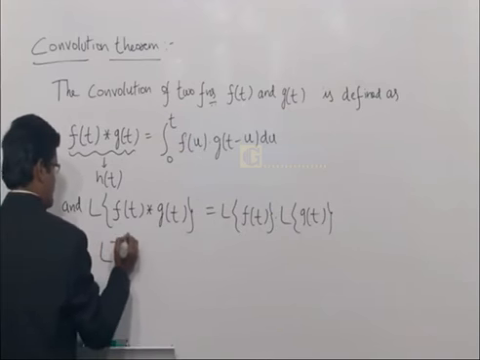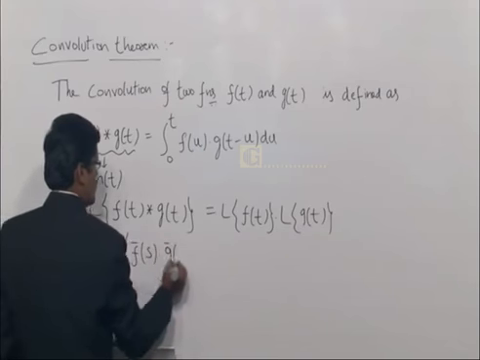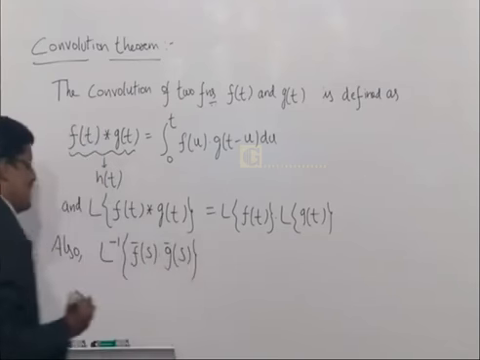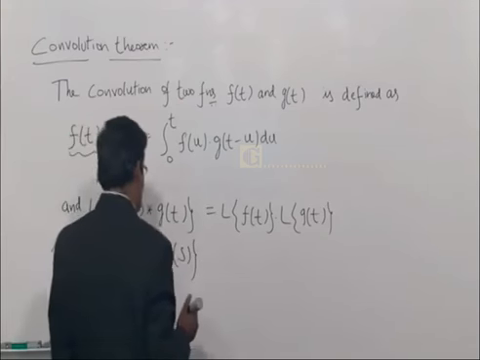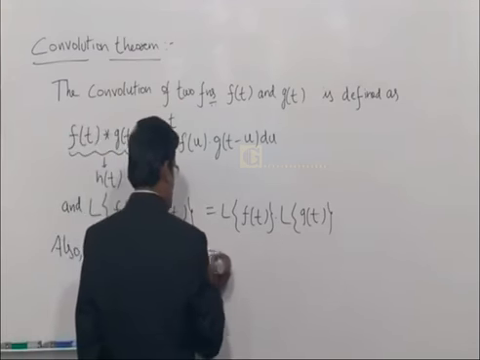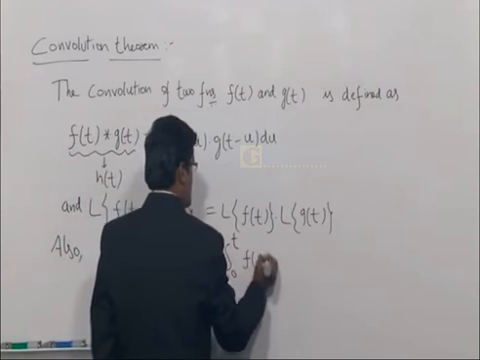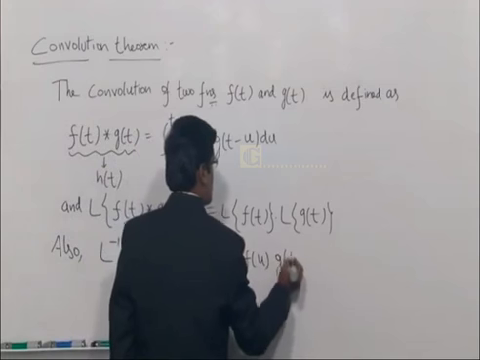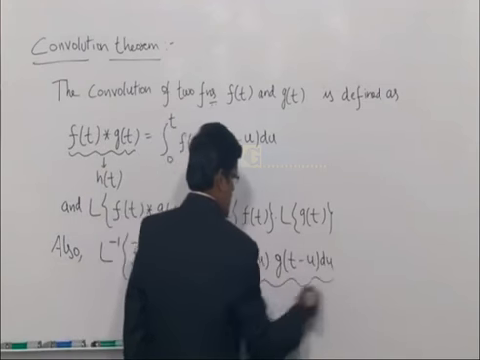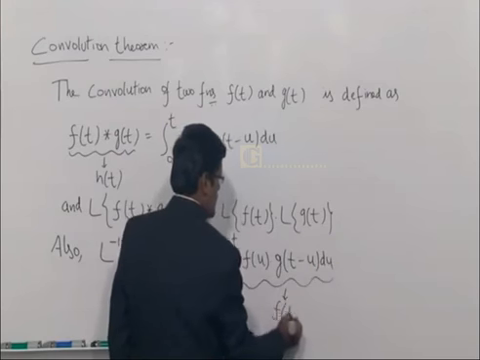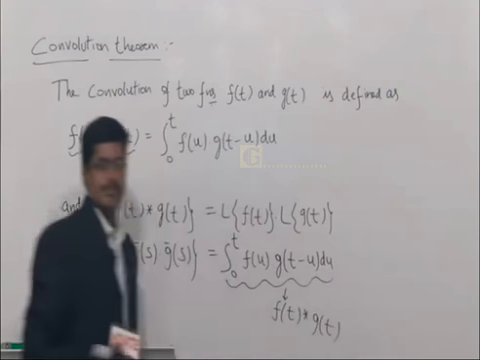L inverse of f bar s into g bar s is useful to find the inverse Laplace transform of a product of two s terms, where the first is f bar s and g bar s is the second function, and it is equal to integral 0 to t f of u into g of t minus u du, and this is nothing but the already given f of t star g of t.